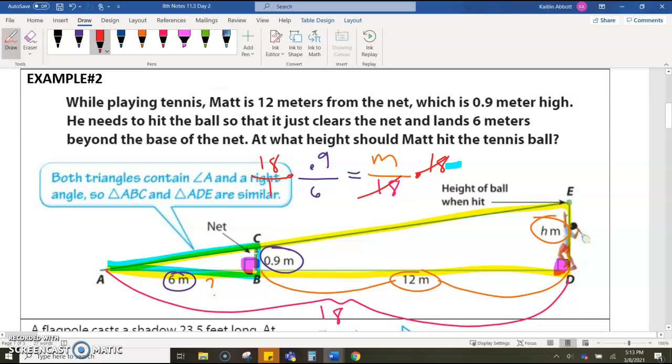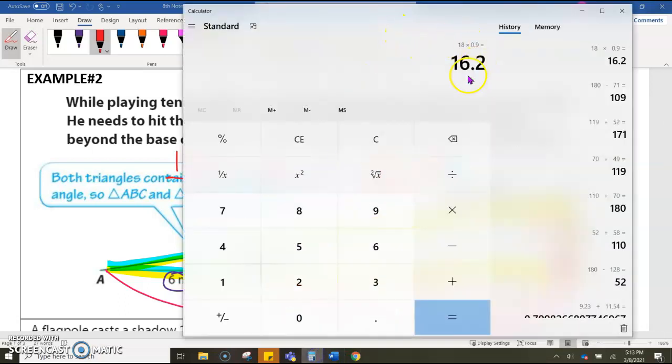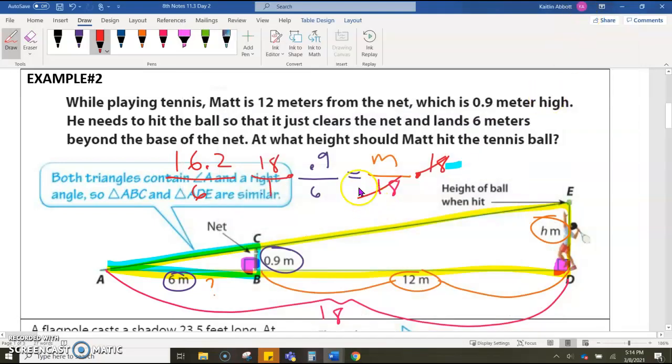Yes, you can get decimal answers. It is possible. So our answer is going to be, I'm running out of room, guys, 16.2 over 6. Now, do you think this might give us a nice number? I don't know. 16.2 divided by 6 is 2.7.